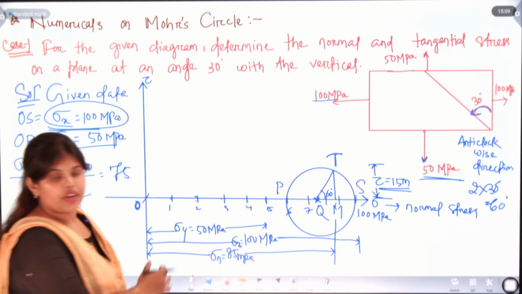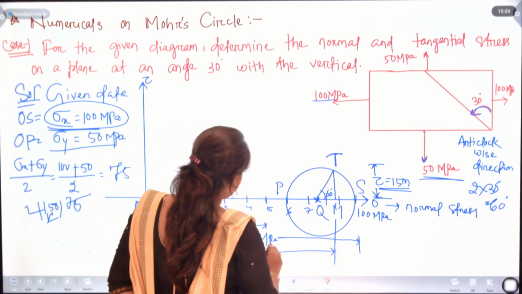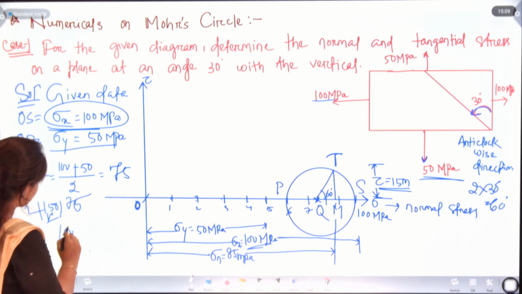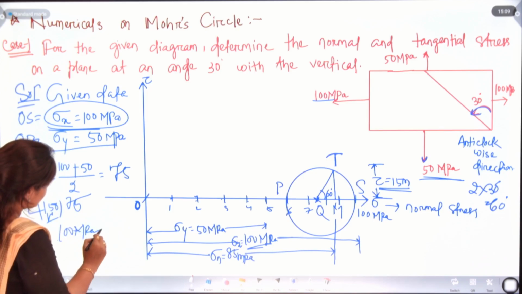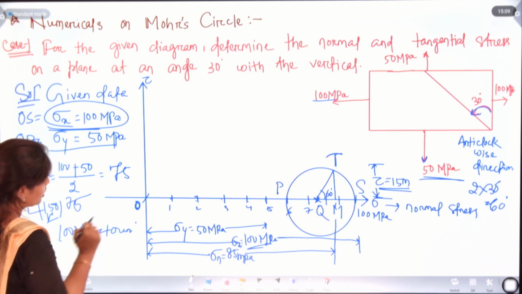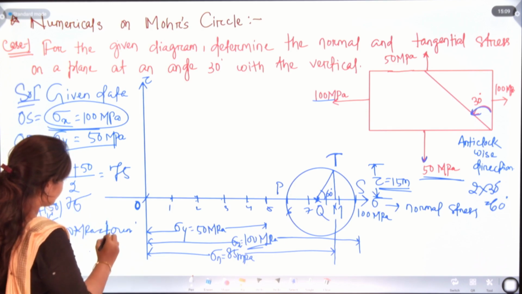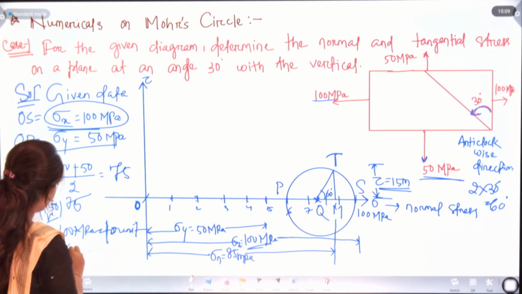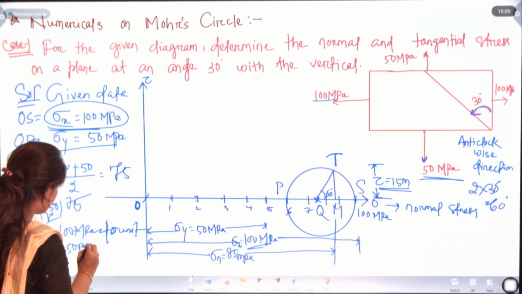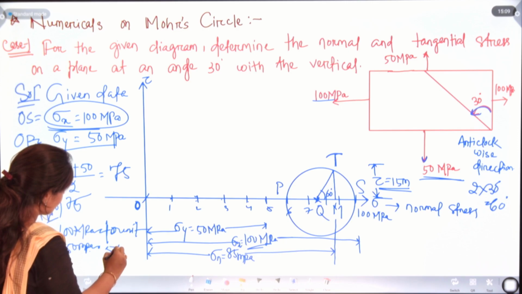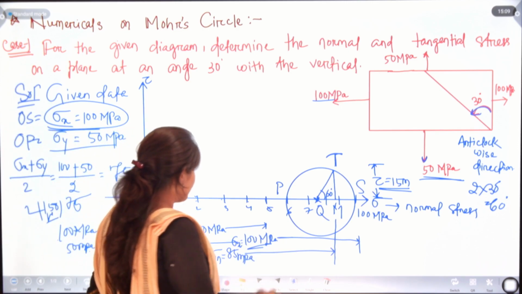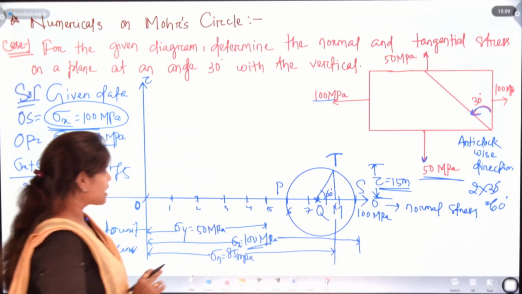So what is the difference here? We have taken 100 megapascal as 10 units. Okay, we have 10 units. So 50 megapascal is what? 5 units. Okay, so like this we have the sigma n.